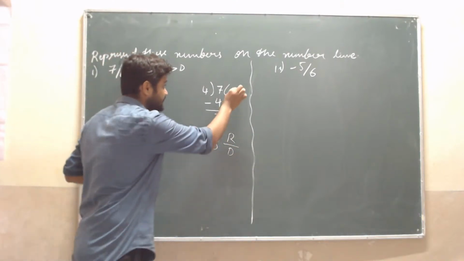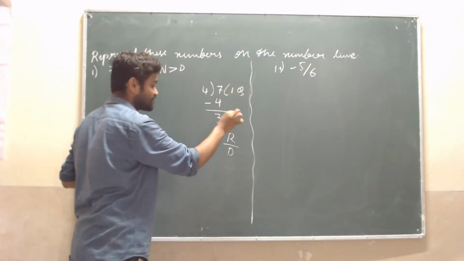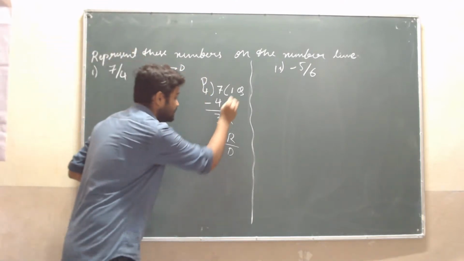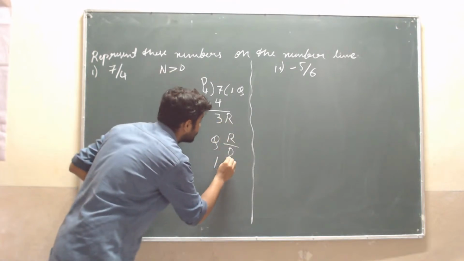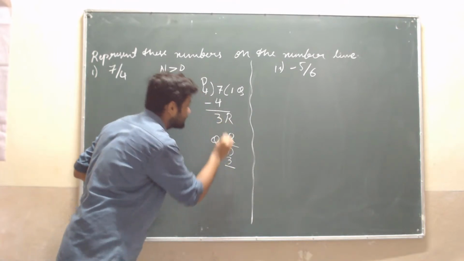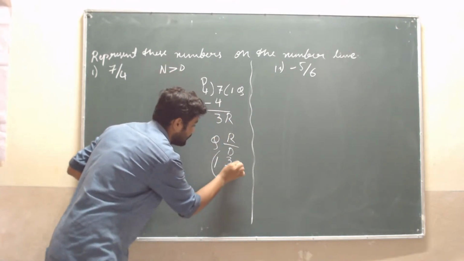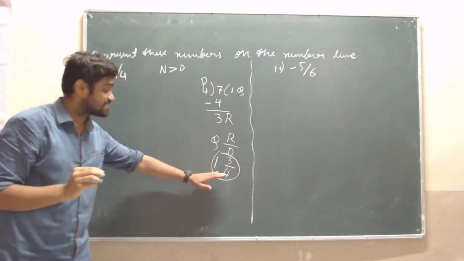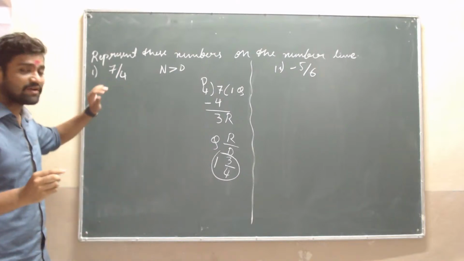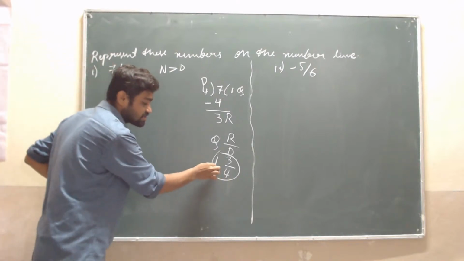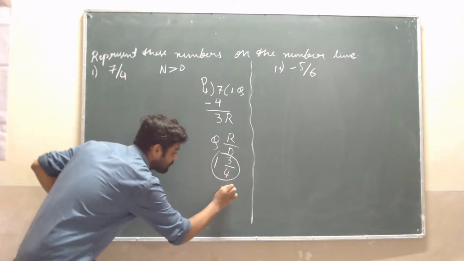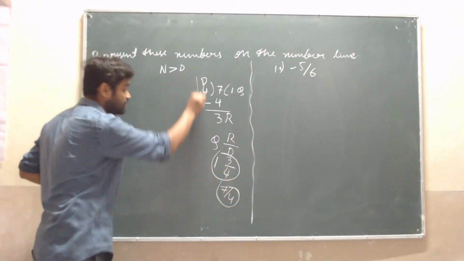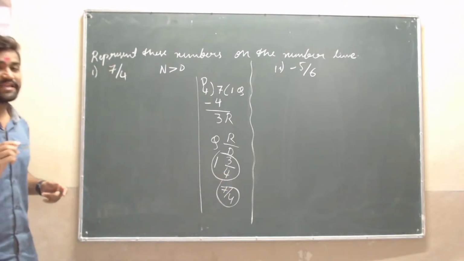The quotient is 1, the remainder is 3, and the divisor is 4. So 1 and 3/4 is equal to 7/4. Check: 4 times 1 is 4, 4 plus 3 is 7, so 7/4.